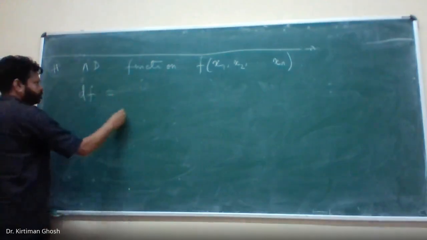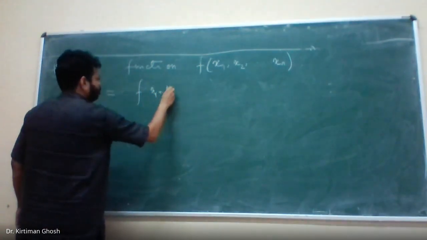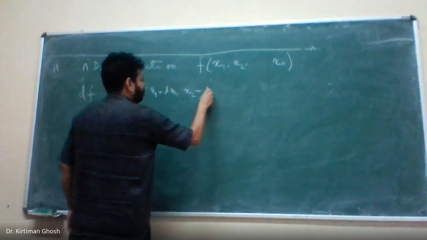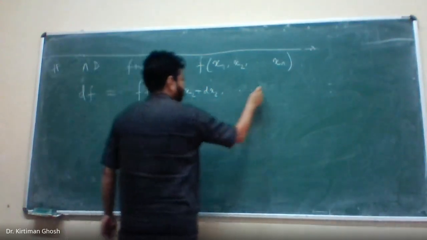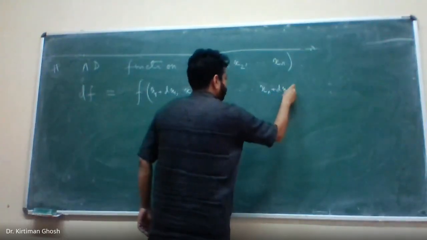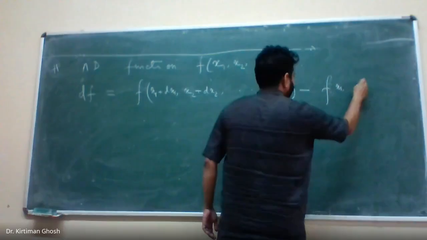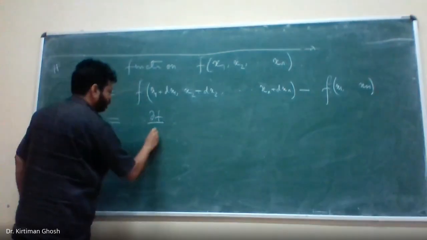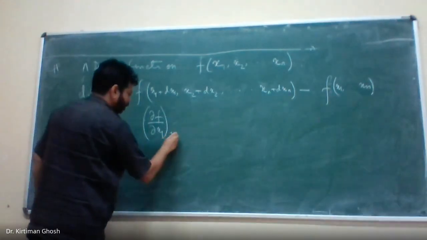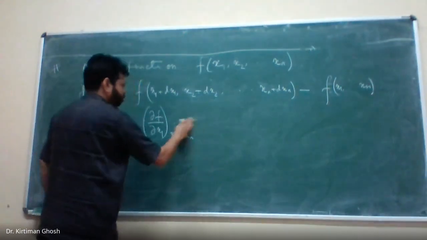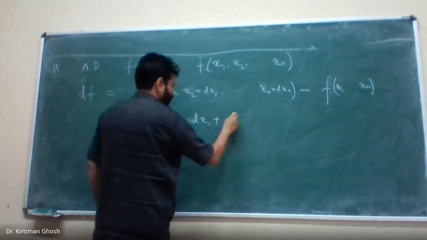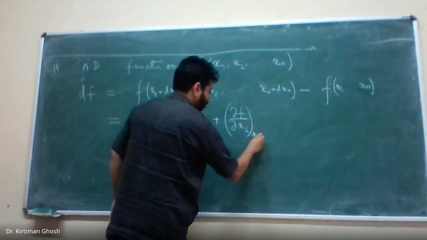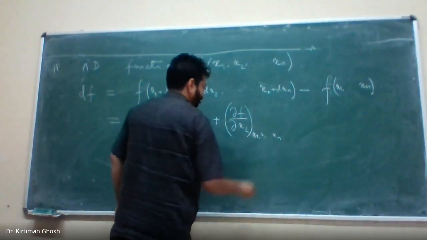This df will be equal to the sum of all these things: del f by del x1 when all other coordinates x2 to xn are fixed, dx1, plus del f by del x2 when all other coordinates x1, x3 to xn are fixed.